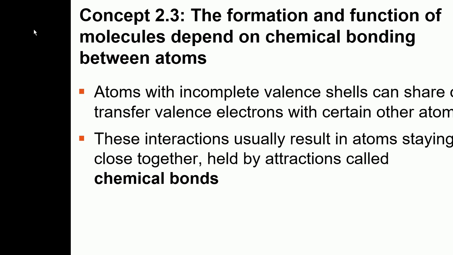And if the outermost shell is completely filled, then the atom is stable. And if the atom is stable, then these atoms do not react. They are inert elements. And the atoms whose valence shells are incompletely filled, they are the reactive elements.